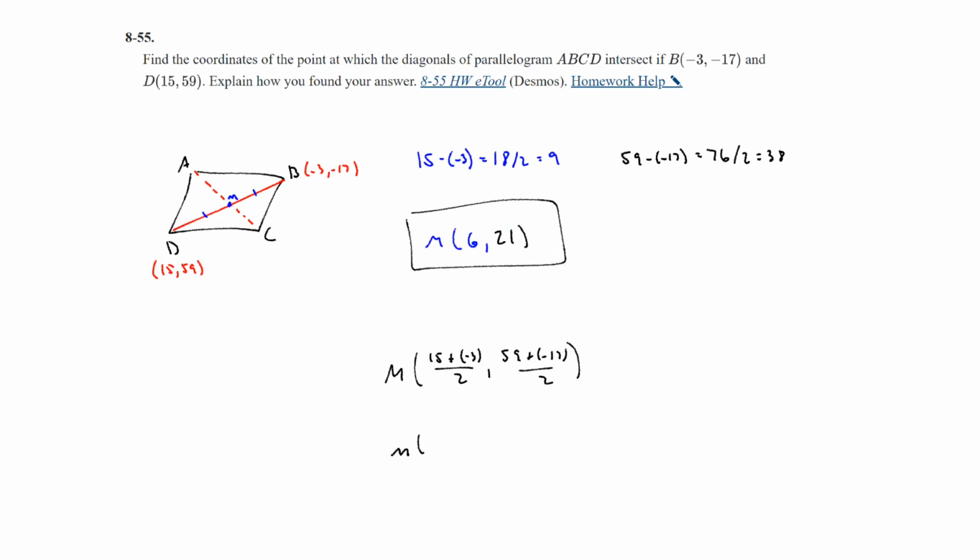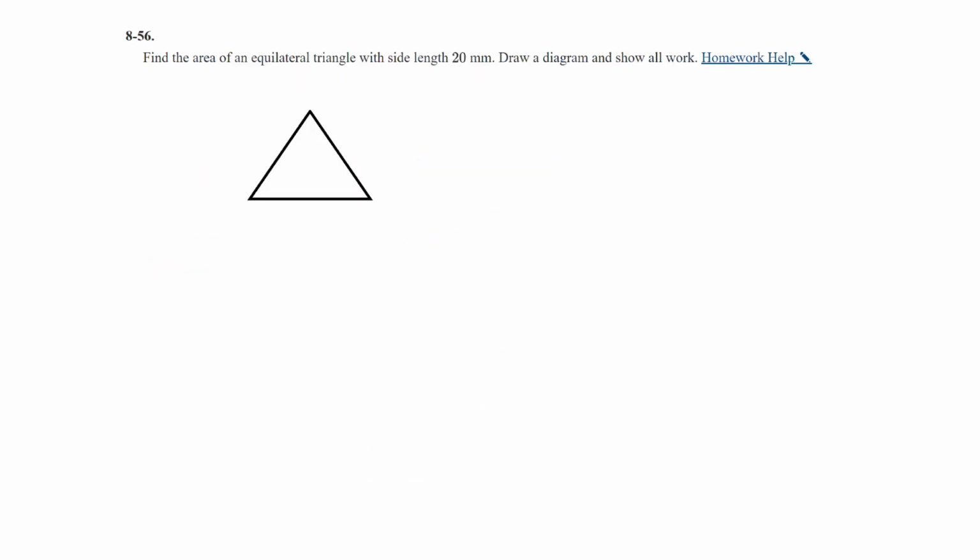So that'd be 12 divided by 2, which is 6, and then 59 minus 17 would give you 42. Sorry, I was looking back at the other one. 42 divided by 2 is 21. So, as I said, there are always lots of different ways to do things.